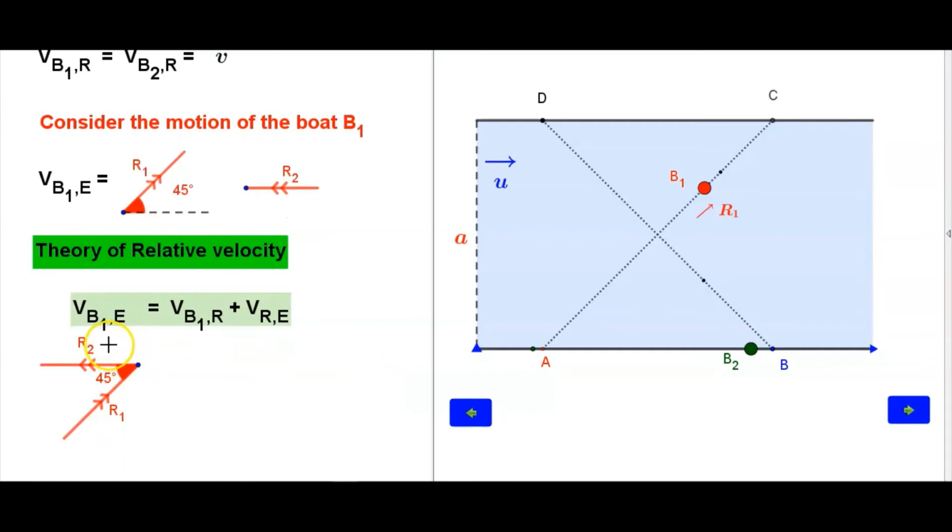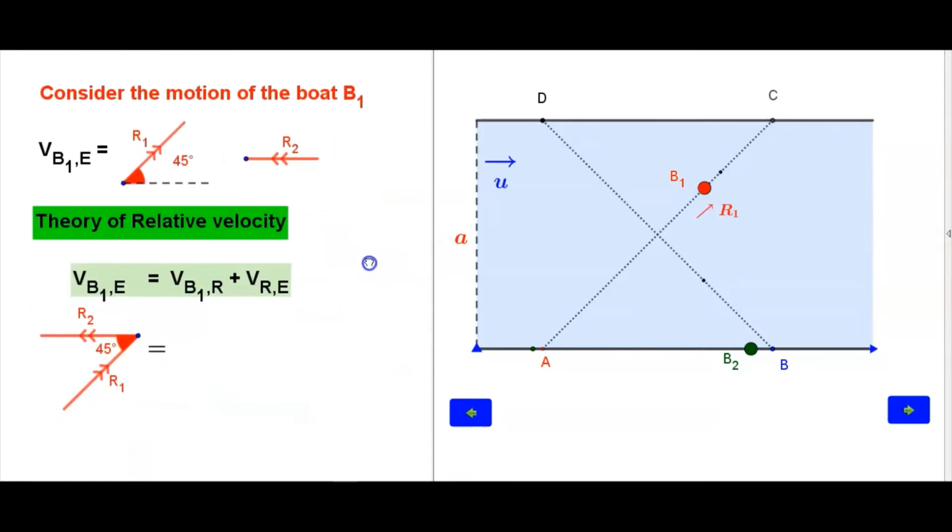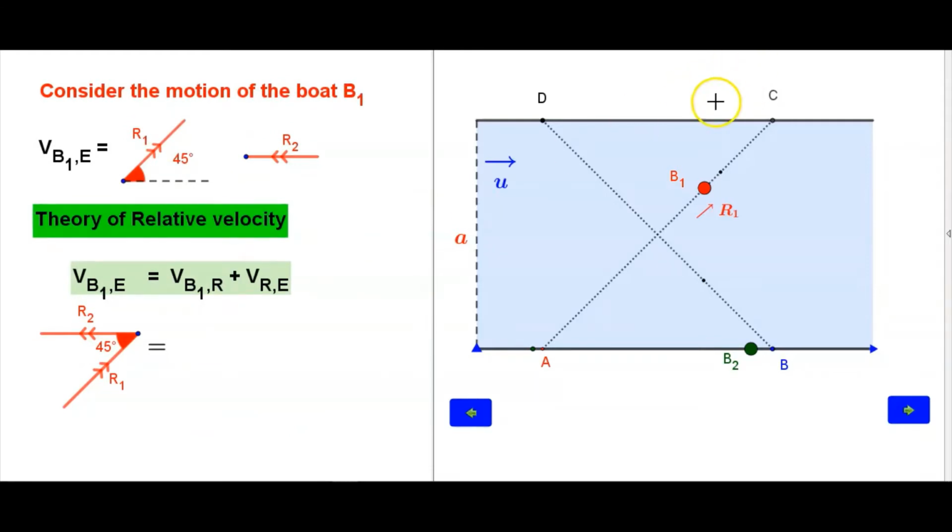This B1E, the true velocity, from A to C is R1, then from C to D is R2, and it is equal to the velocity of B1 relative to R, which is v, plus V_RE. The velocity of river relative to Earth is u.